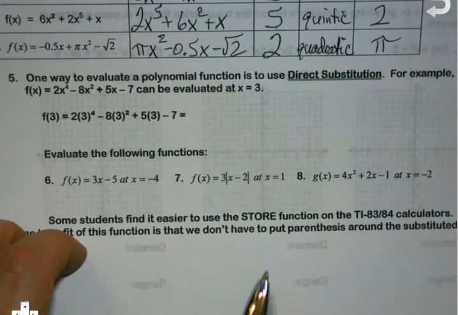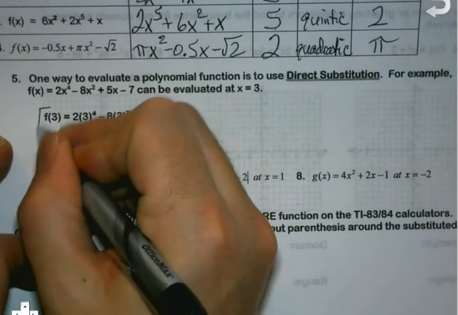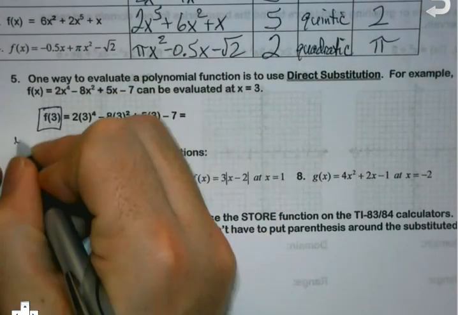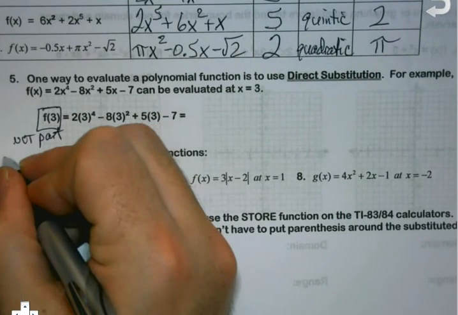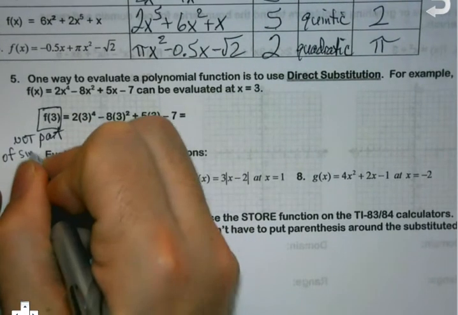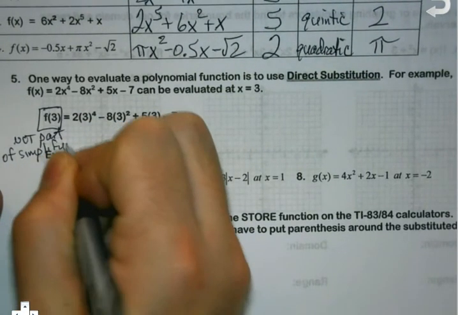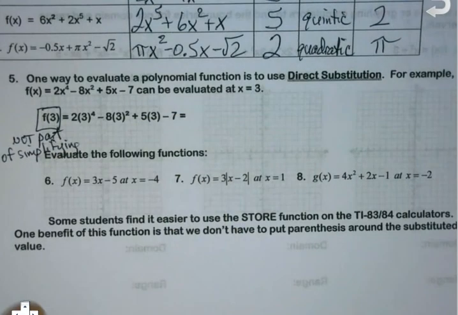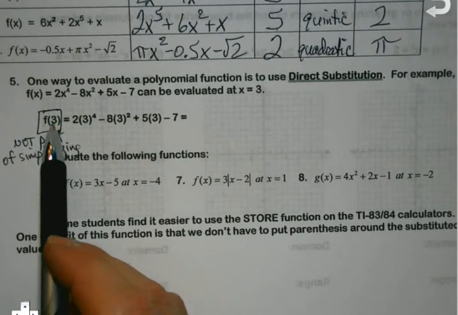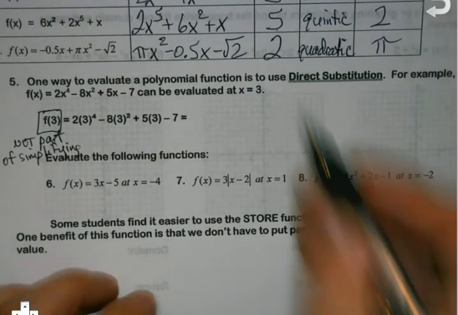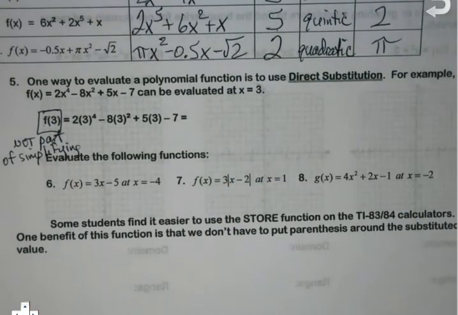Now, one thing I want you to be aware of, this f of 3 is not part of what I'm trying to simplify. That's just there as a label. That's like saying y equals. Okay? It's just letting me know I want to know the value of the function at 3. In other words, if x equals 3, what does this equal? Is what I'm going to do.